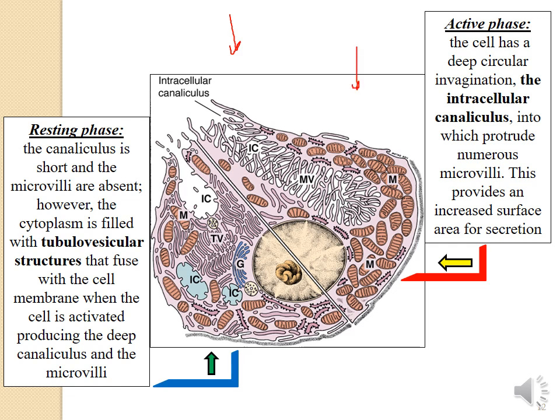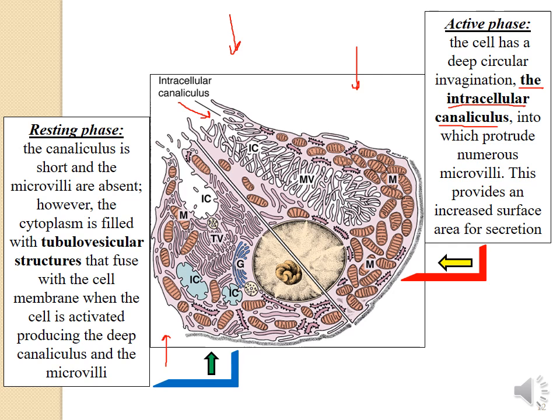On the left side, we have the parietal cell when it is resting or inactive. In the active phase, the cell has a deep circular invagination, which is called the intracellular canaliculus. Notice here, we have a deep invagination that reaches very deep into the cell. This is the intracellular canaliculus.